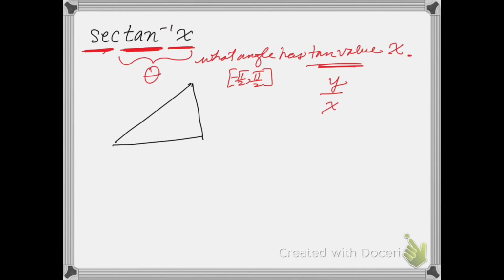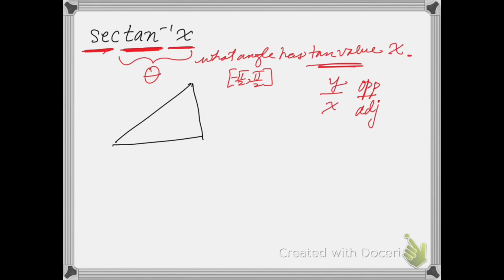So y over x, also known as opposite over adjacent from our SOHCAHTOA days, right? So, difficult to follow, I understand. But see if you can understand that what angle has a tangent value of x.